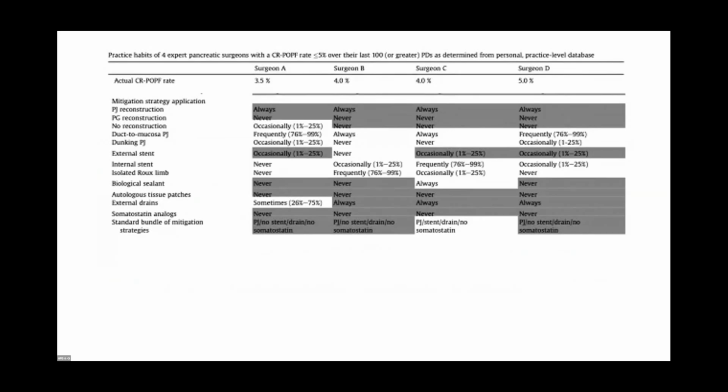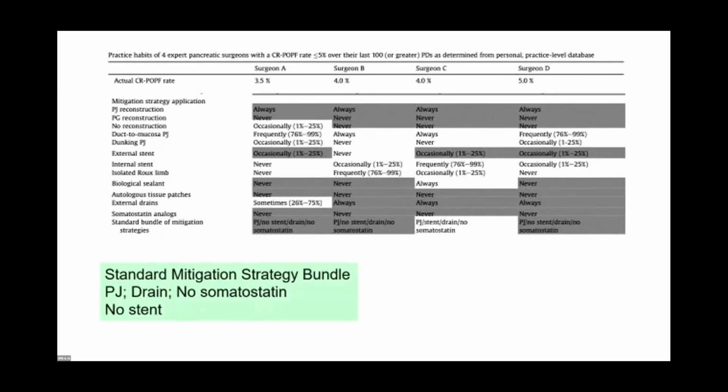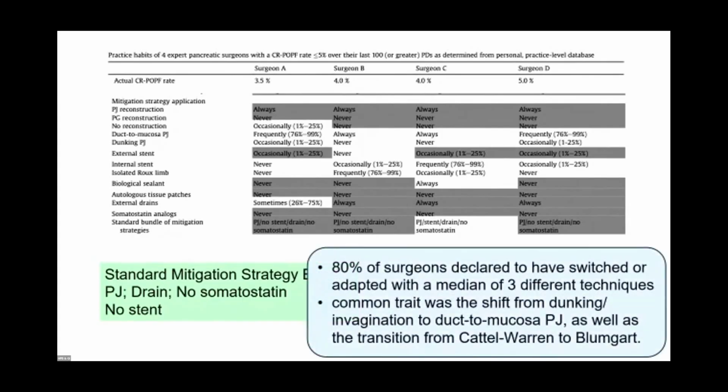What I want to bring to the notice is they looked at practice of 4 expert surgeons who had a fistula rate of less than 5% and what mitigation strategies they adopted. So what is creditable to note is it's a PJ by most of them, no drain, no somatostatin analogs, and no stents except one.